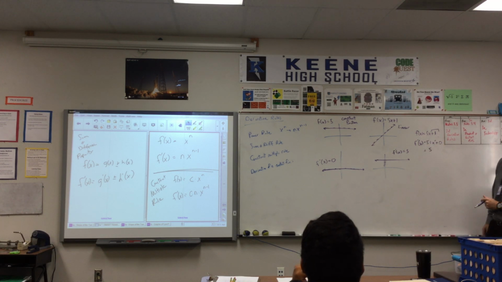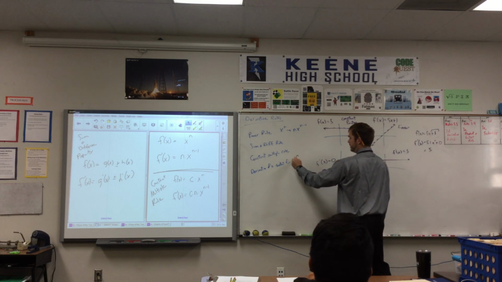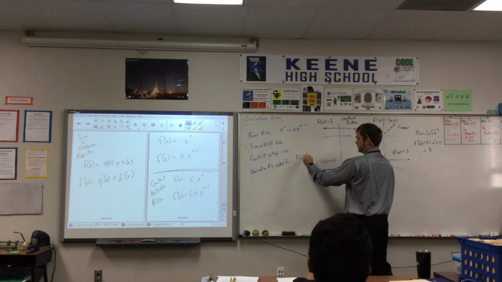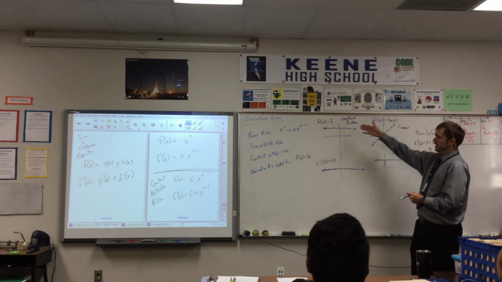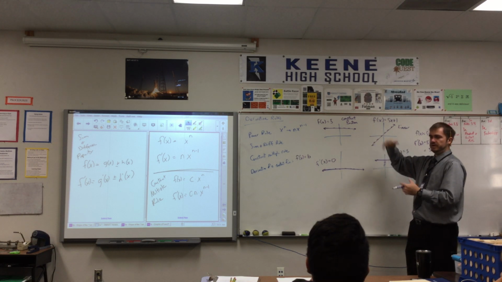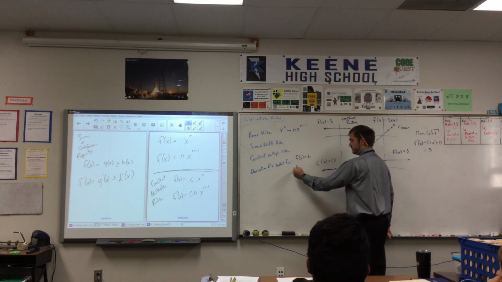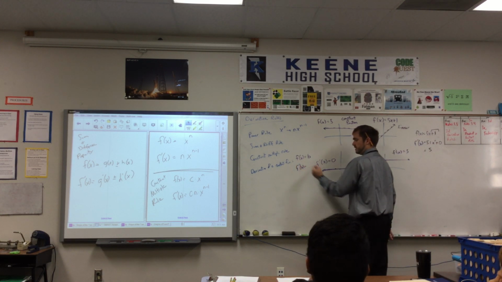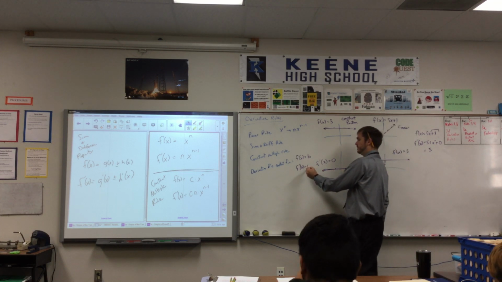So let's see if we can think about this logically. If we have f of x equals b, if f of x equals 5 or 7 or 9 or 10 or negative 20 or whatever, the derivative is, anybody? 0.